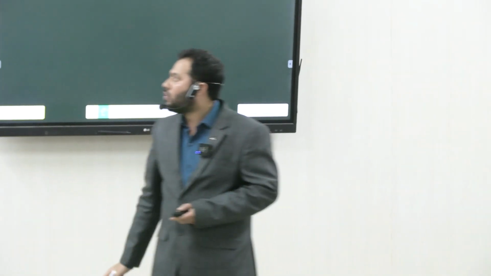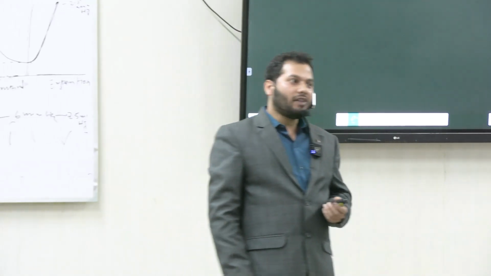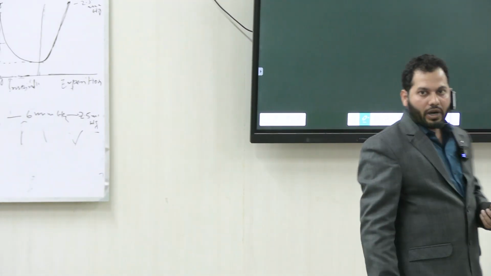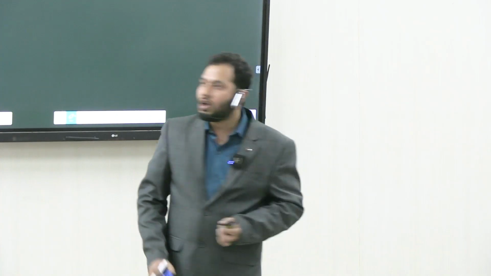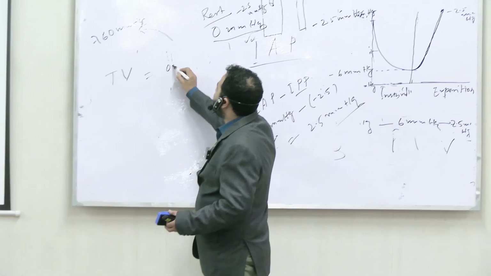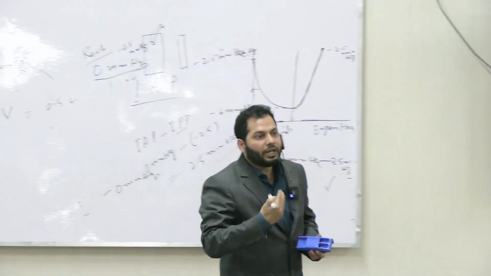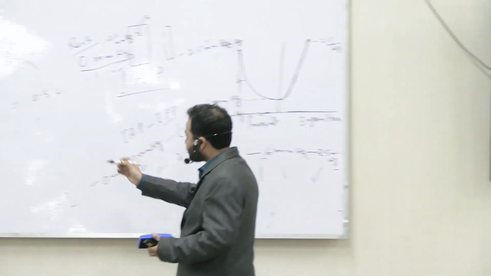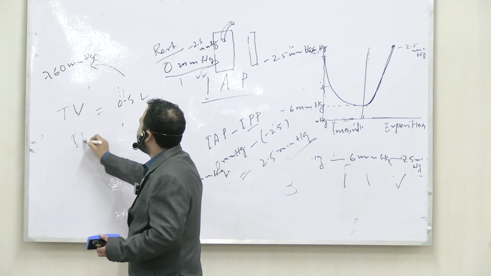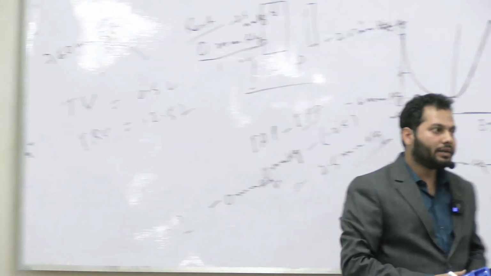Now, what is the meaning of IRV? Inspiratory reserve volume is the volume of air inspired during the forceful inhalation process. Tidal volume is 0.5 liter, but during forceful inhalation, the inspiratory reserve volume is around 2.5 liter, right?